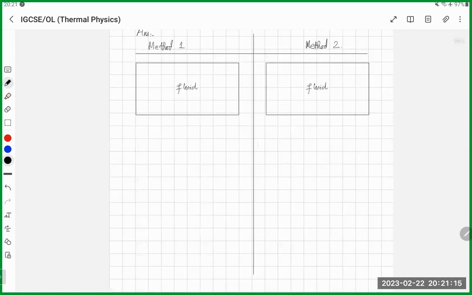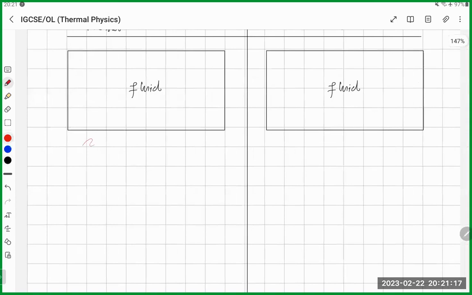Okay, now see. What if I provide heat energy? Method 1 is provide heat energy at the bottom of the space.